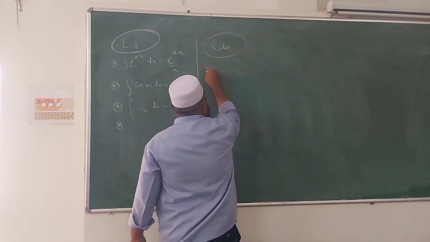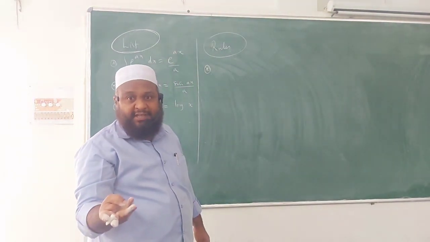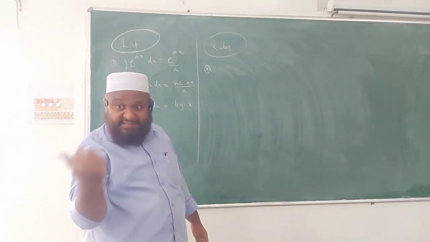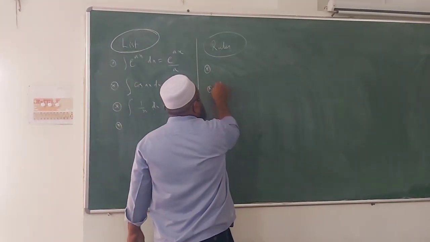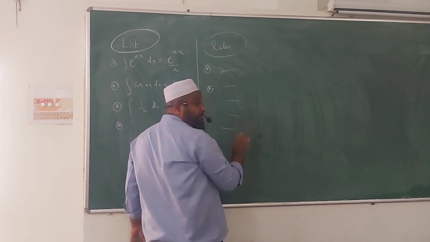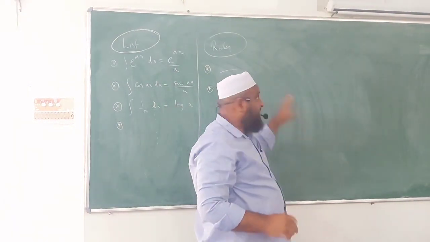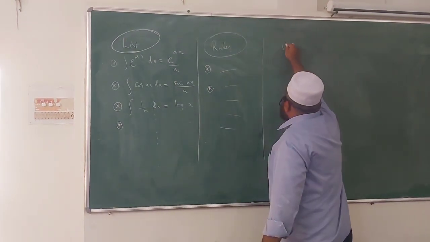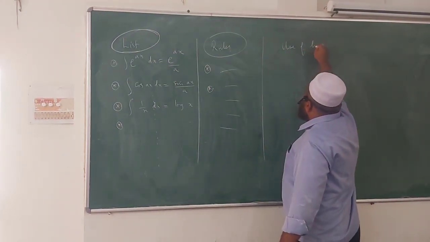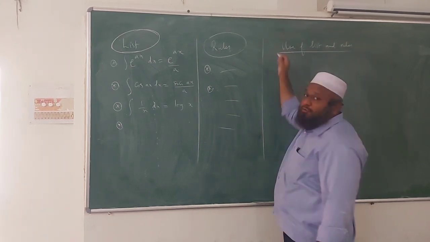In the rules you have some rule of taking the substitution, and next integration by parts. Integration by parts is one rule, and there are some other rules. Next comes just the use of the list and rules to do the problem.